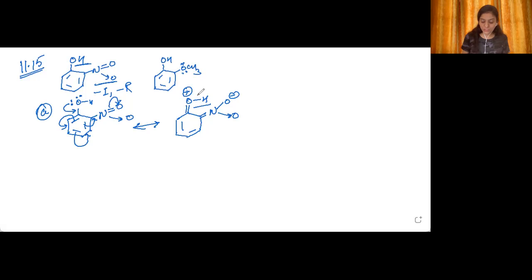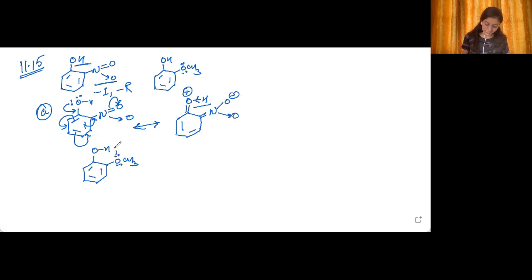So its tendency to attract this shared pair of electrons towards itself will increase and it will easily release the proton. Okay. On the other hand, when we are talking about orthomethoxyphenol, what will happen? In case of orthomethoxyphenol, there is a lone pair of electrons on the methoxy group.